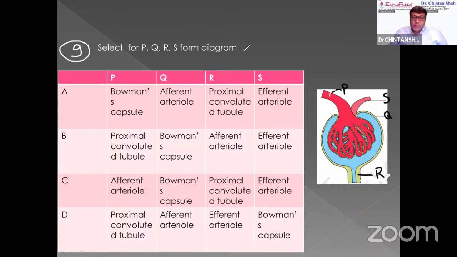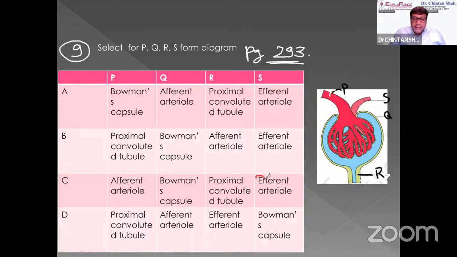So this is the figure which is given on page number 293, top right hand side. P is afferent arteriole, S is efferent arteriole, okay, efferent exit. See, that's the technique I told you.